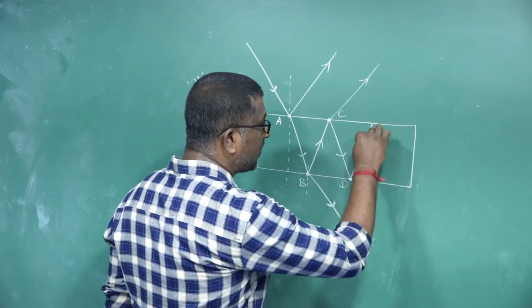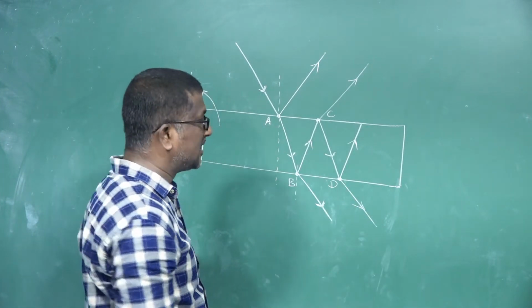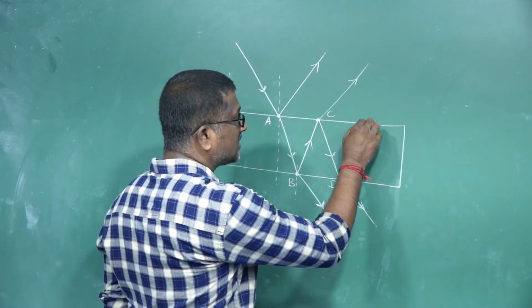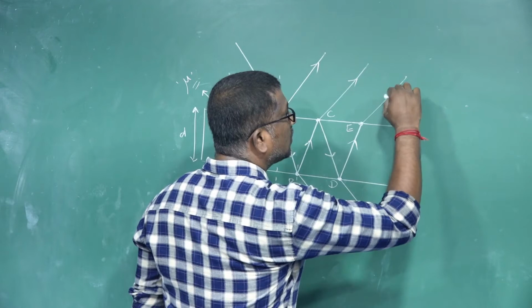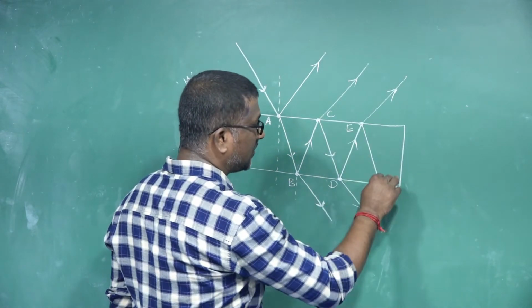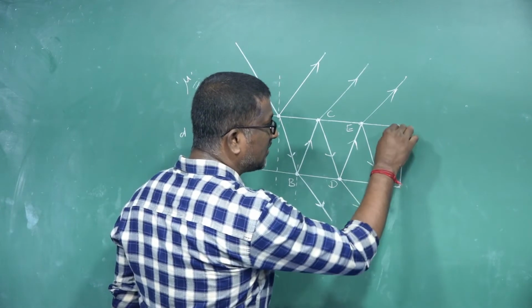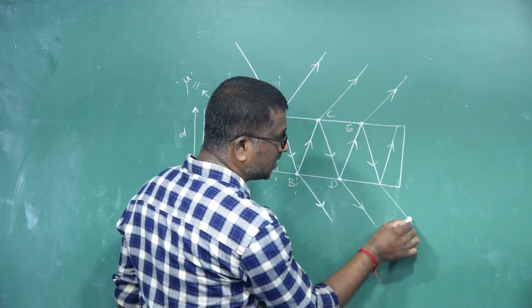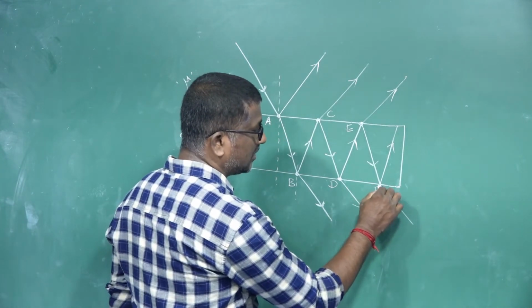One part gets reflected and another part is transmitted. This reflected ray strikes at point E, where some part is refracted and another part is reflected like this, and one part is transmitted out from the point F.